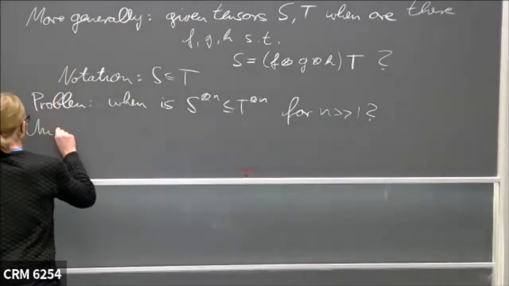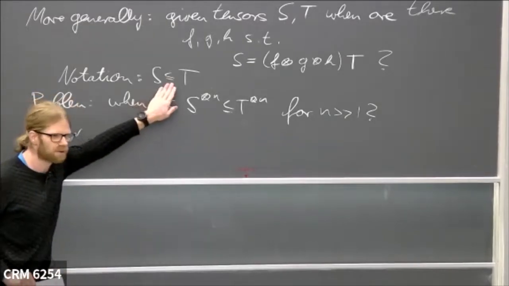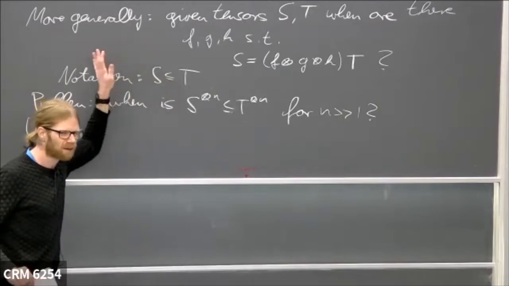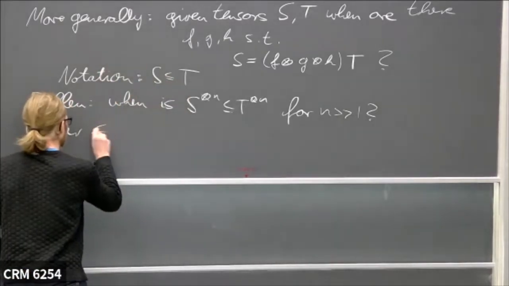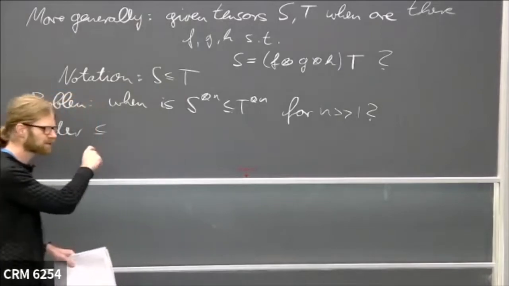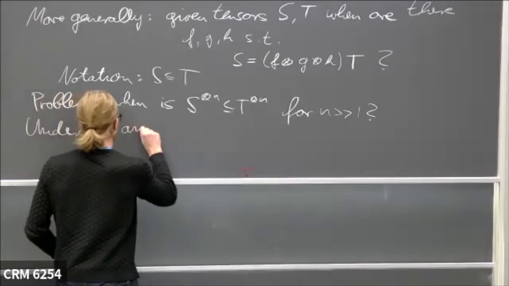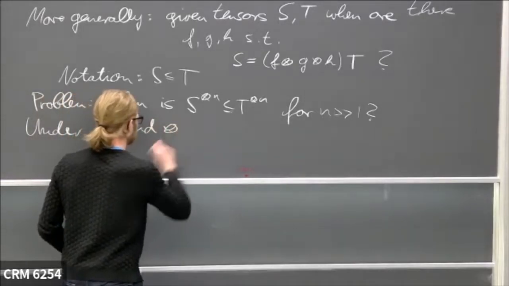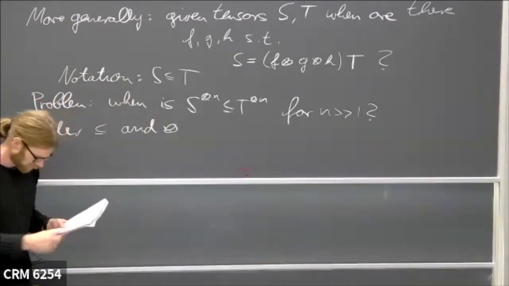So, the abstract structure that we have here is on the one hand a preorder, and on the other hand our tensor product. Meaning a set of tensors with a binary relation, a preorder relation, and then the tensor product as a binary operation.